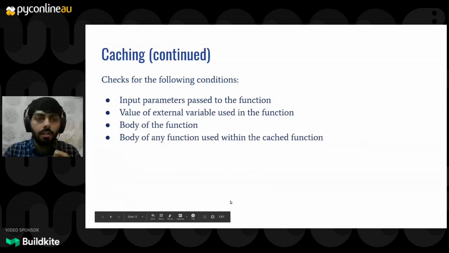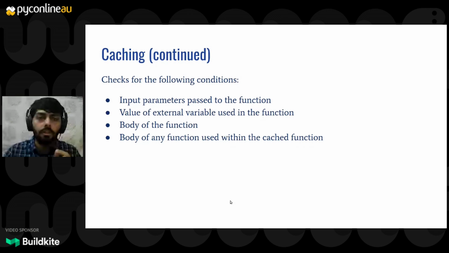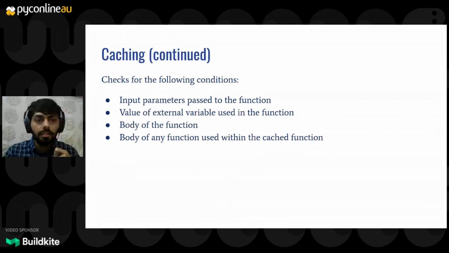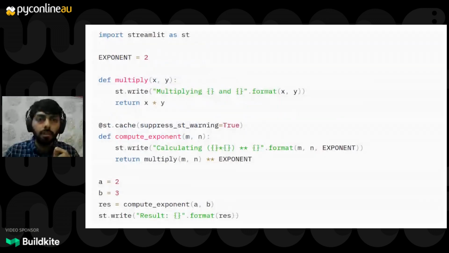The second condition is the value of an external variable used in the function. If you look at the code snippet, you see that there is an external variable called exponent used in the body of the function compute_exponent. If the value of that variable changes, the function won't be cached. The next condition is the body of the function. Whenever the developer changes anything in the body of the function compute_exponent, the function won't be cached in the subsequent run.